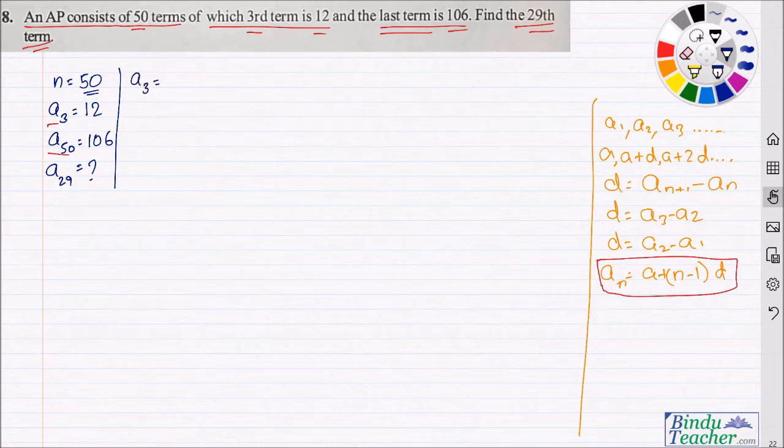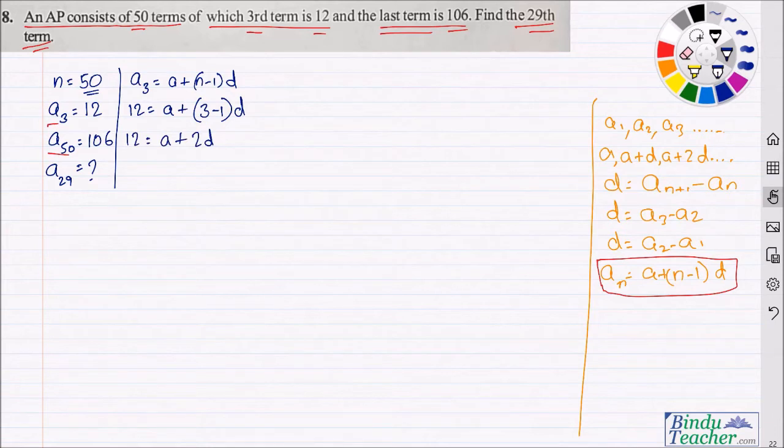A of 3 equals A plus n minus 1 into D. Here we know the value of A3 as 12 equals, we do not know the value of A, so we will write it as this, plus the value of n here is 3 minus 1 into D. We do not know the value of D, so we'll write it as this. So now 12 equals A plus 2D.